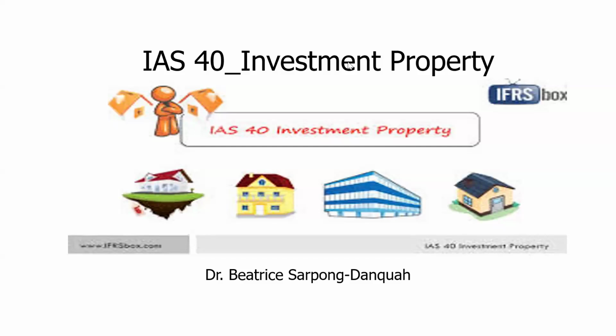that are held by the owner for production or provision of goods and services, and for administrative purposes. So if you have a tangible non-current asset for the purpose of producing goods and services, and for administrative purposes, then you account for it using IAS 16 PPE.